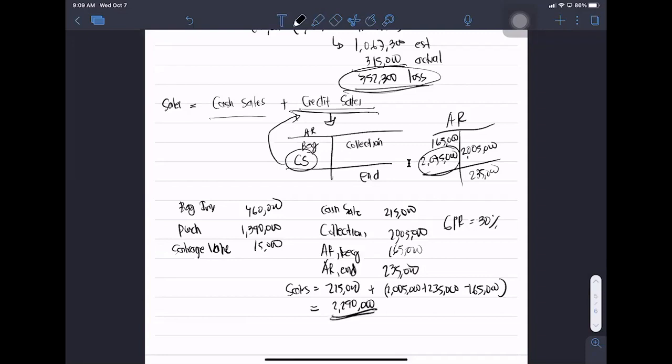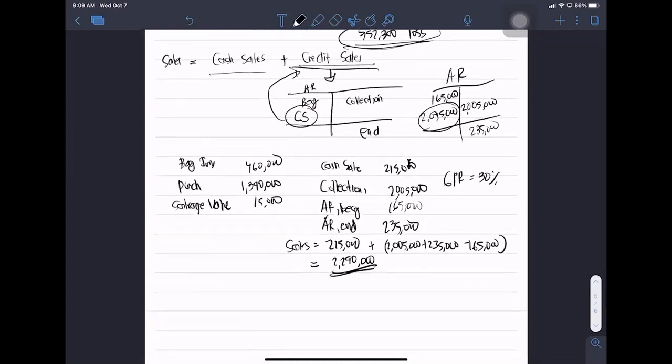So after computing your sales, we can already get the amount of our cost of goods sold and ending inventory. So what is the total cost of goods available for sale? We have 460 plus 1390. So this is 1,850,000.